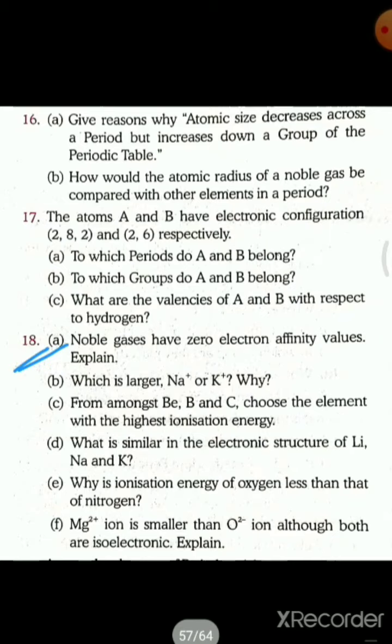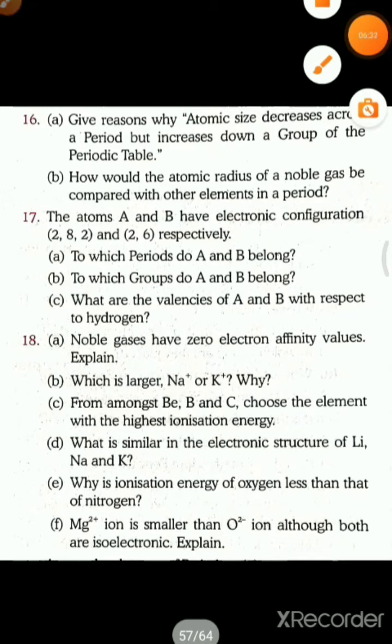Then, which is larger, sodium or potassium, and why? Potassium is larger than sodium because the ionic radius increases in a particular group on moving from top to bottom due to increase in the principal energy shell, though the number of electrons in the valence shell remains the same.